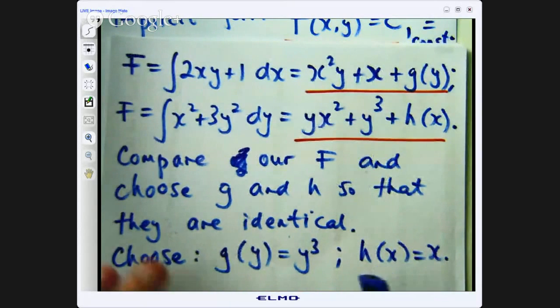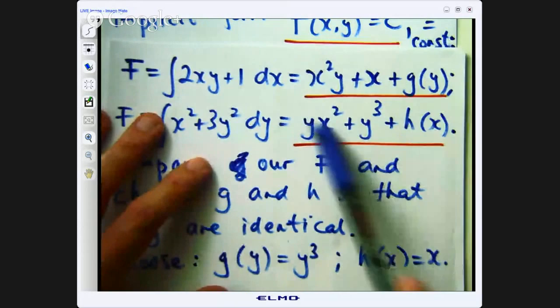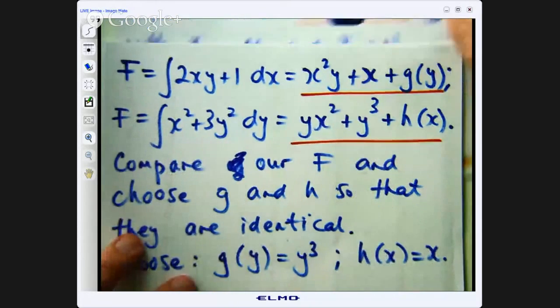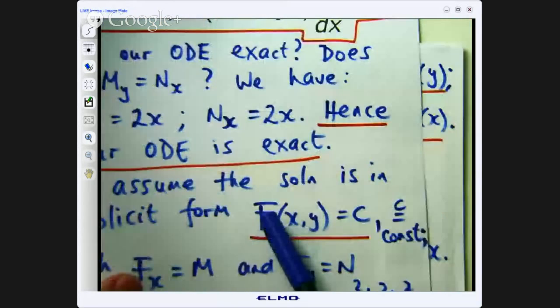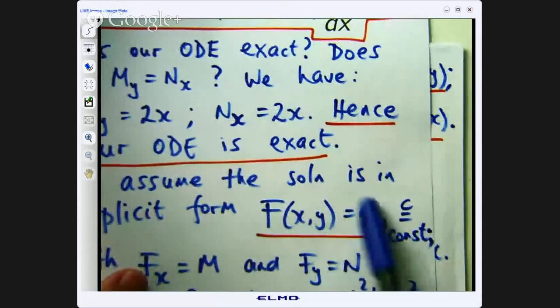Okay, so now both of these expressions will become one and the same thing, and this implicit form will give us the solution to this problem.